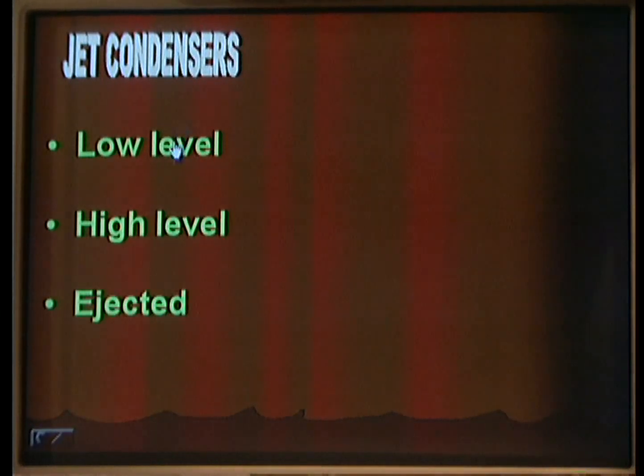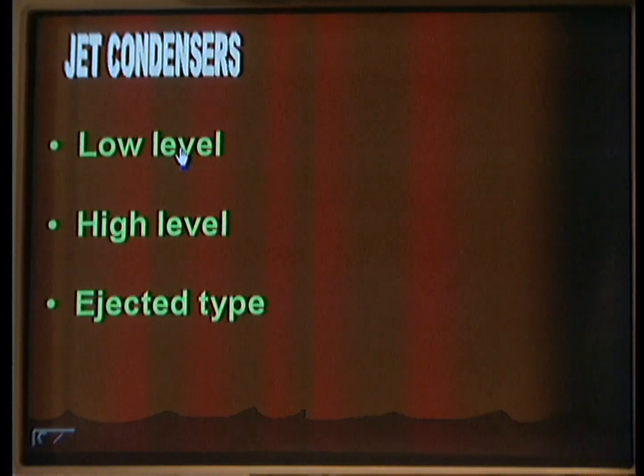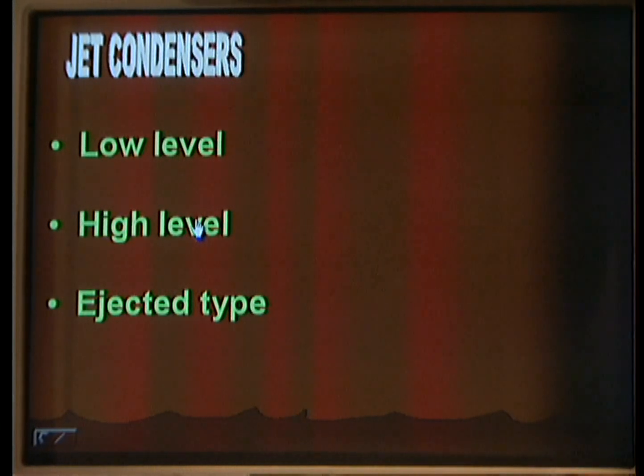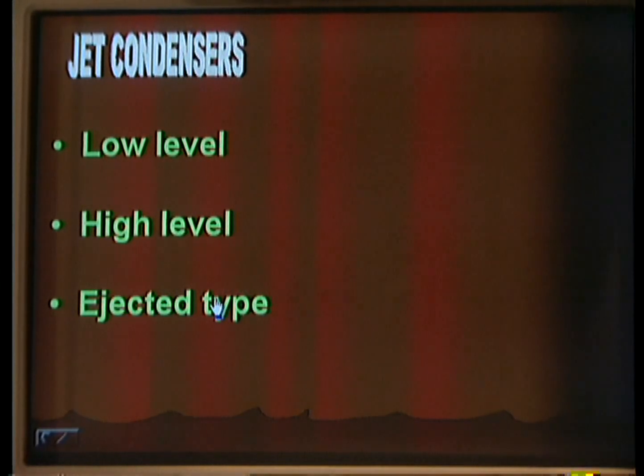If you want more details about the condensers, jet condensers and surface condensers, let us go to the jet condensers first. Jet condensers are classified into different types: low level jet condenser, high level jet condenser, and ejector type jet condenser.